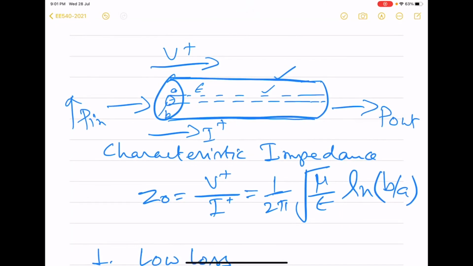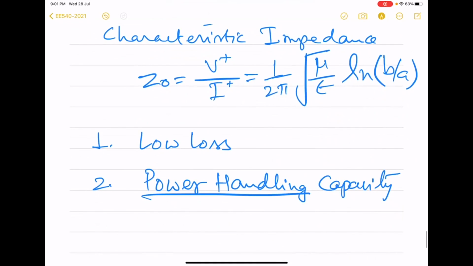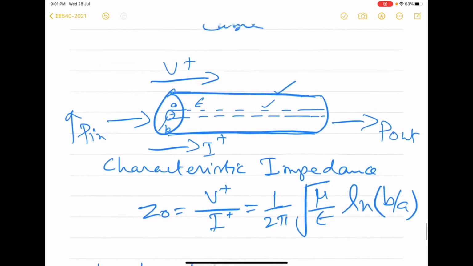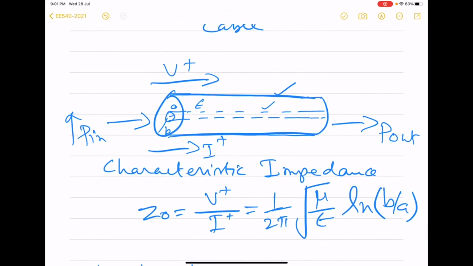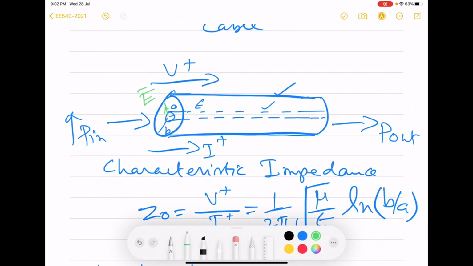So why do we have this power handling constraint, or why will it not allow any amount of power to pass through this coaxial cable in real life? Whenever an RF signal goes through this coaxial cable, there will be an electric field between the inner and outer conductor. So if the input power goes up, this electric field strength will go up, and then there will be dielectric breakdown.